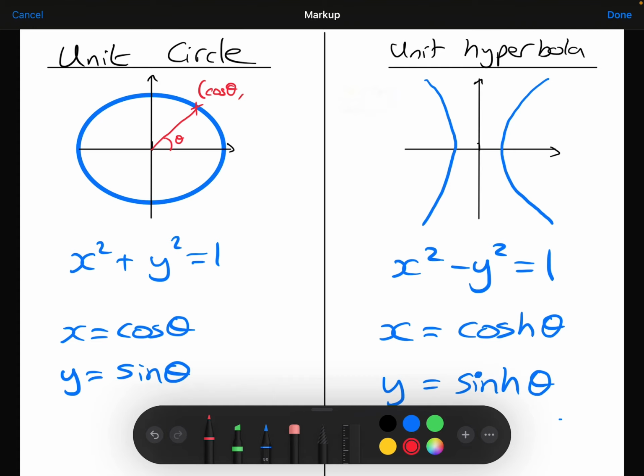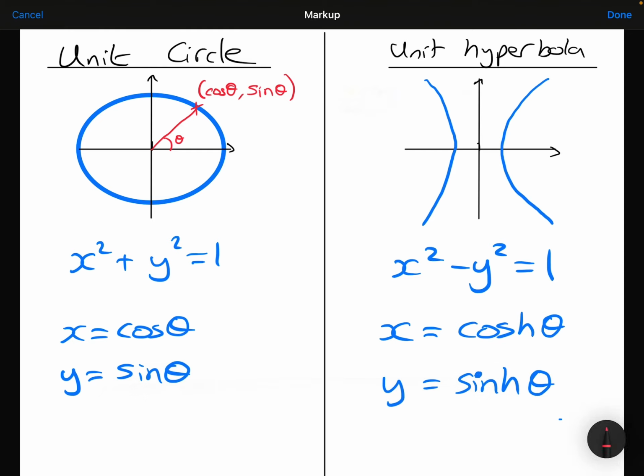And we can define the y-coordinate of that point as sine theta. So we have these new definitions for cos and sine. Cos is the x-coordinate, sine is the y-coordinate. And that gave us the identity cos squared plus sine squared is 1.